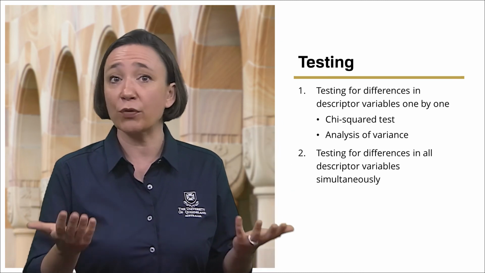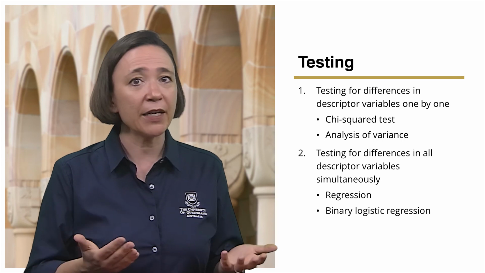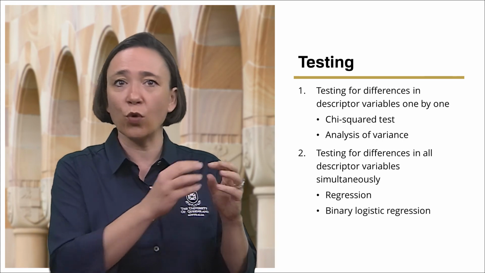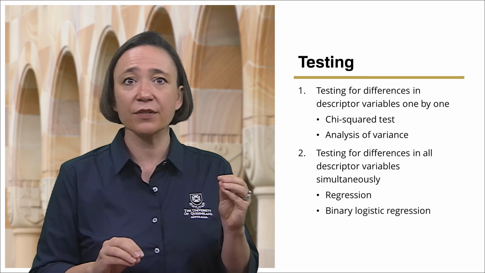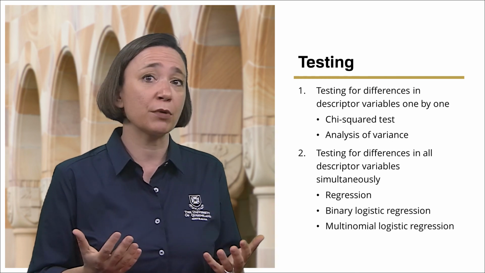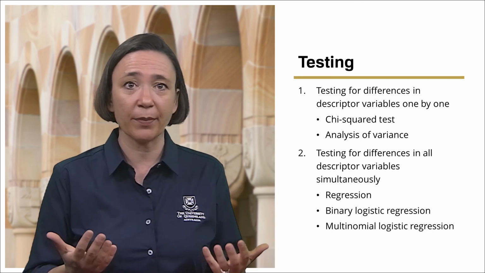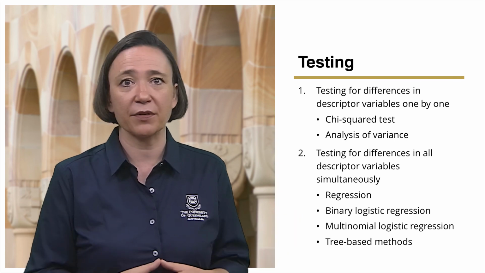These include regression analysis, binary logistic regression to compare one target segment with all others, multinomial logistic regression if we have more than 2 segments, or tree-based methods. We discuss these methods in more detail later. You can also have a look at the demos to see how we can visualize and statistically test for differences between segments in R.